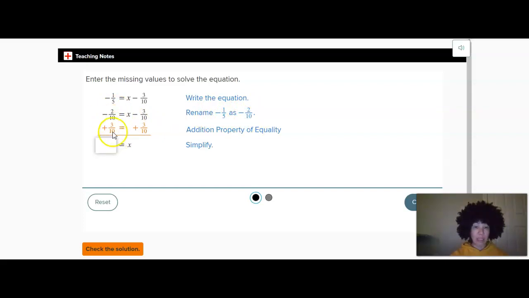Then negative 2/10 plus 3/10 is just 1/10. So 1/10 would be our answer right here. And this is also in the book on page 284 at the bottom there. x equals 1/10.